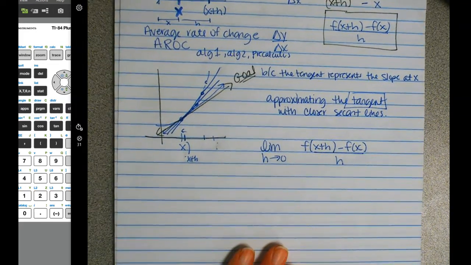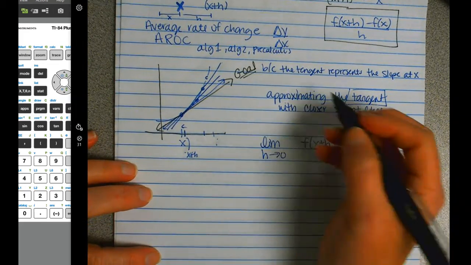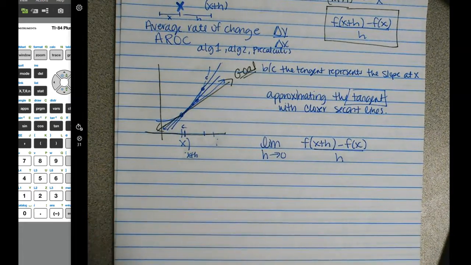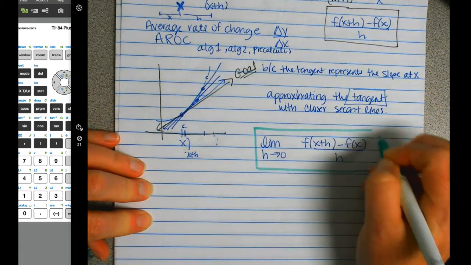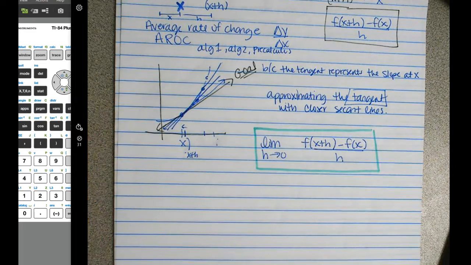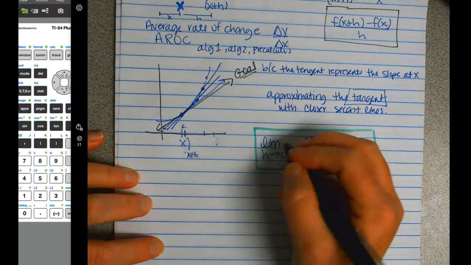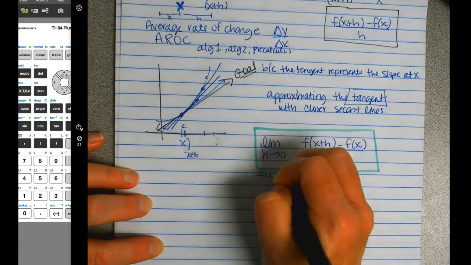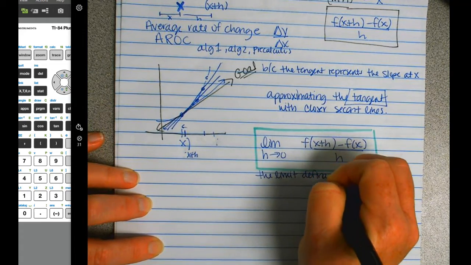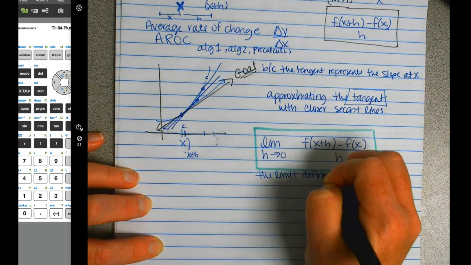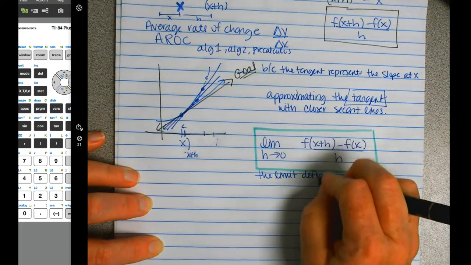So this is where you want to put a giant star or circle it, or find your highlighters that fell on the floor. This is the limit definition of the derivative.